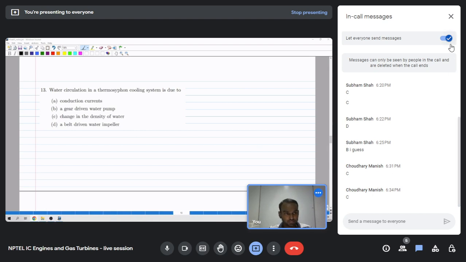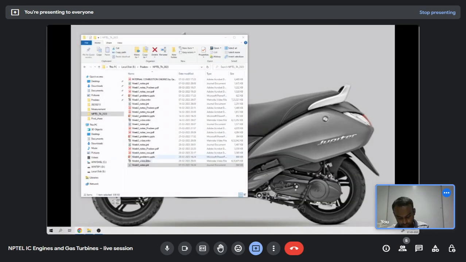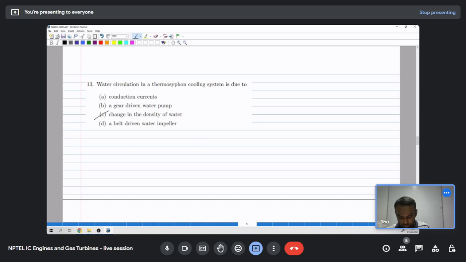I think Chaudhary Manish has answered C, change in the density of water. Yes, so the answer is change in density of water.